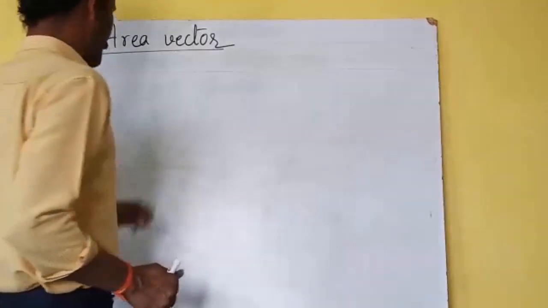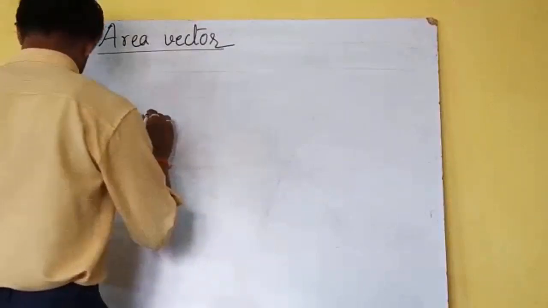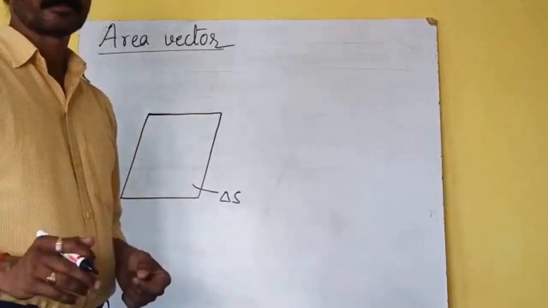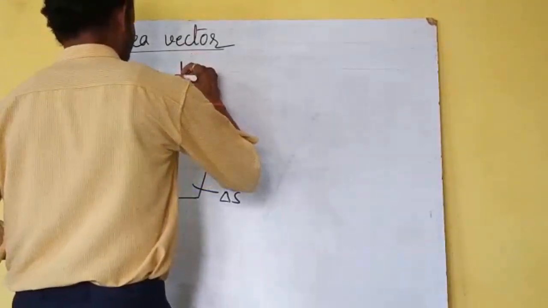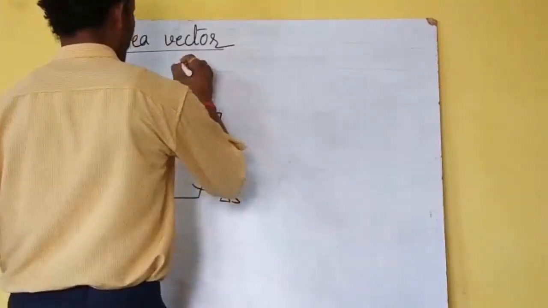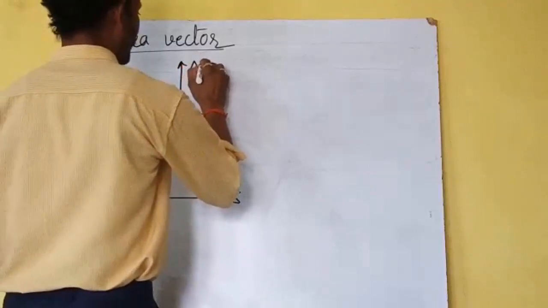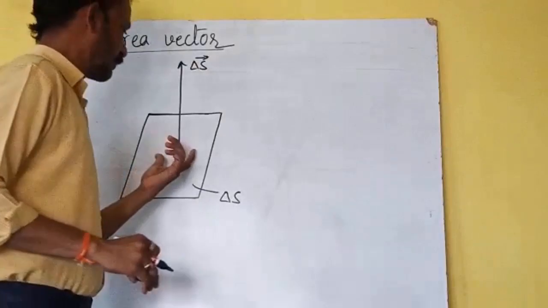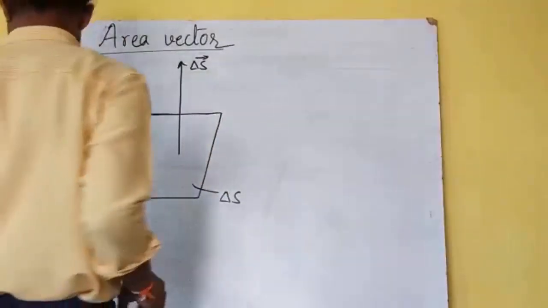For example, consider any small area element. The area vector is an outward normal drawn to the area element.